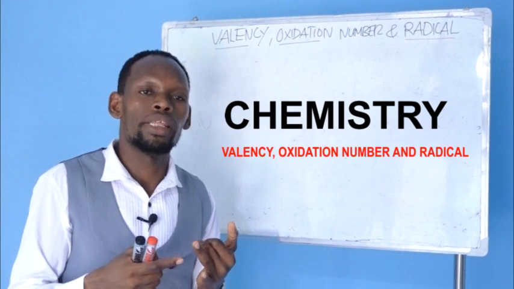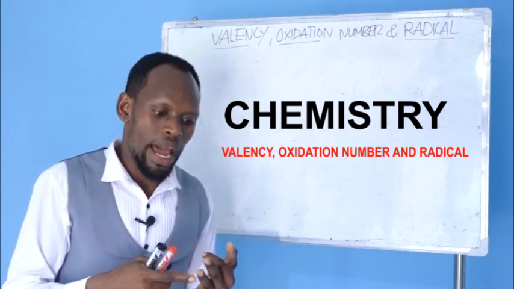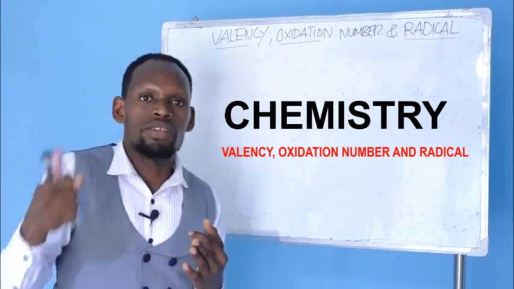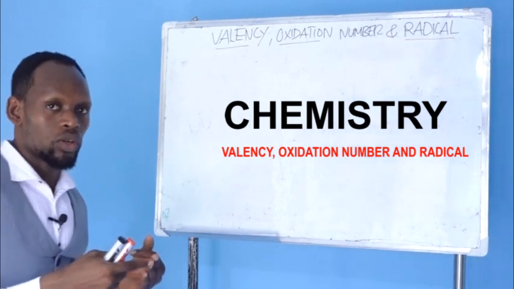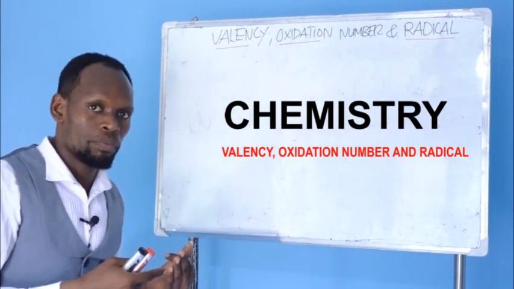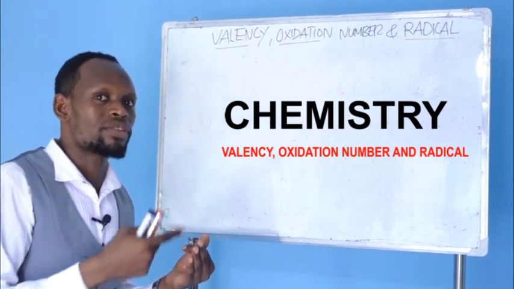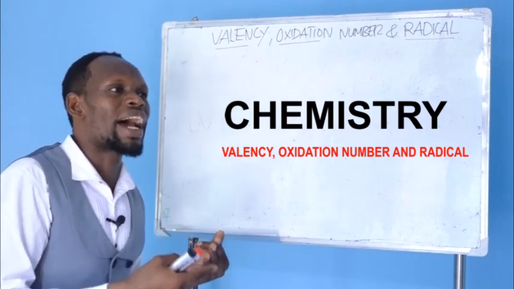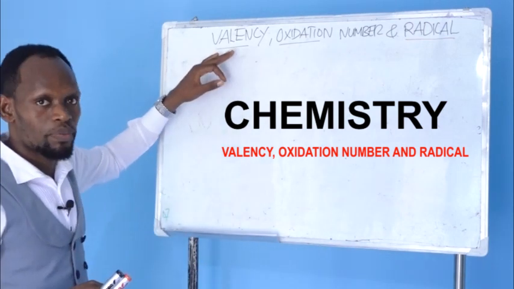For example, the electrons transferred from metal to non-metal, and the electrons received by the non-metal. So those numbers of electrons which can be transferred, donated, received, or shared in bond formation are called valence.